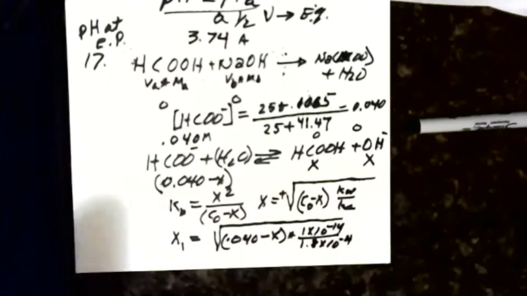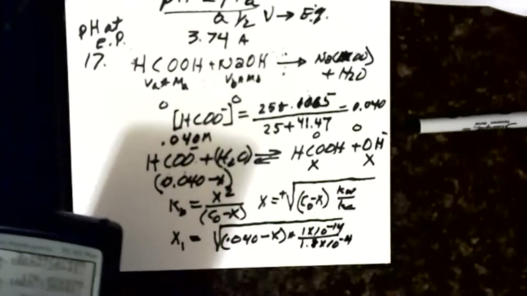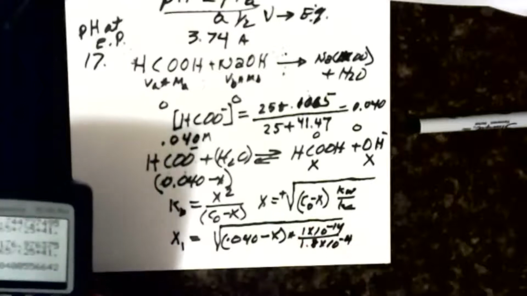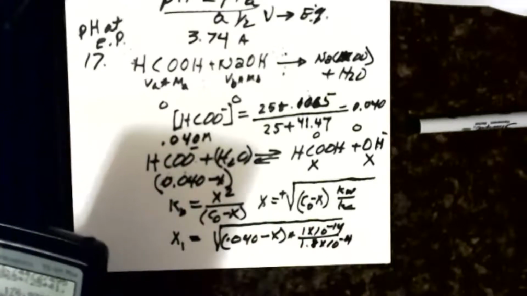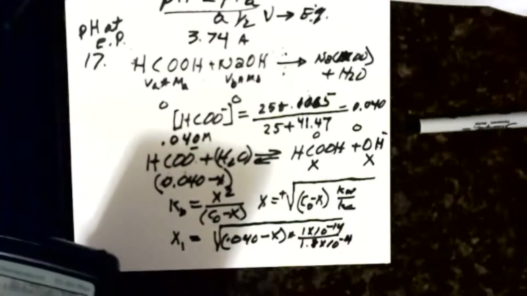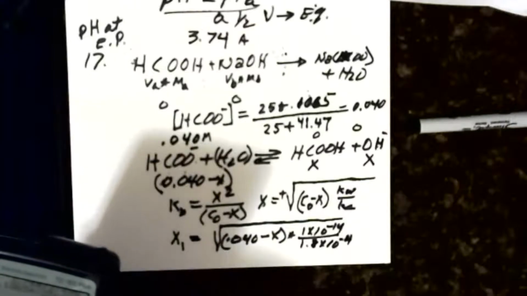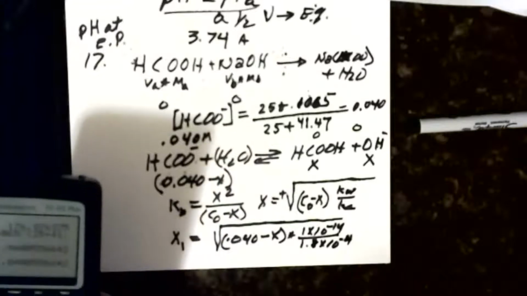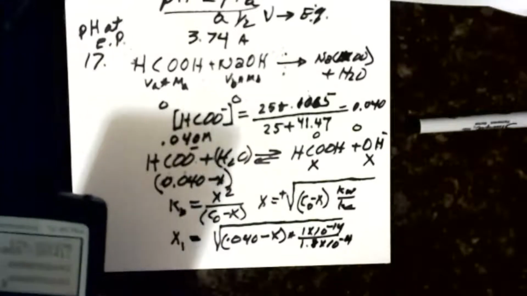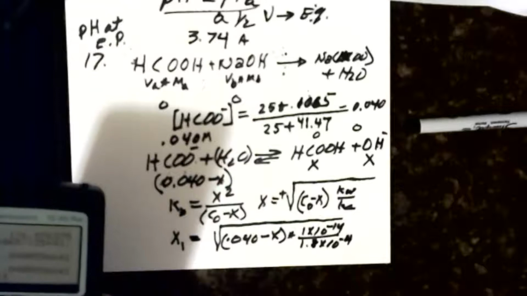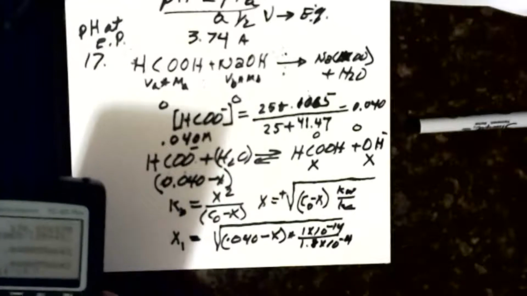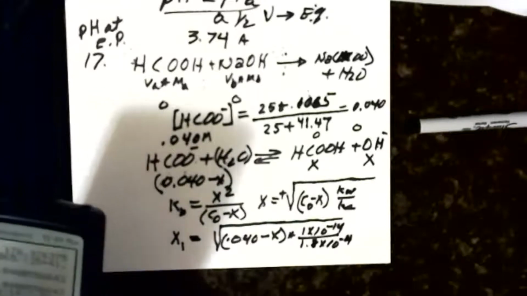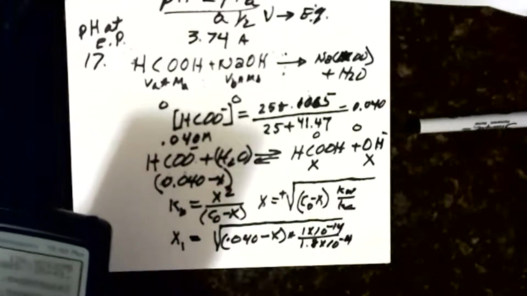Now let's go ahead and do this on our calculator. So I'm going to put in a 0 here. So it's just this times this divided by this. In fact, I've still got my answer on there. Yep, there it is. So that times 1 with an exponent of negative 14 divided by 1.8 with an exponent of negative 4.